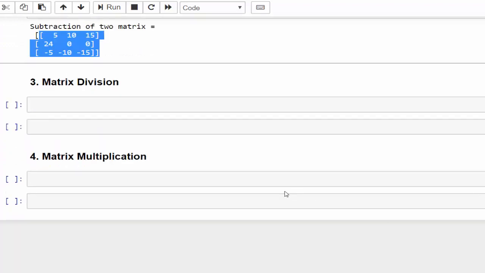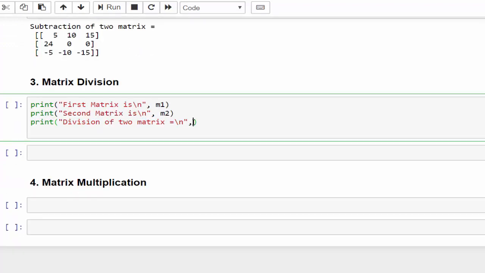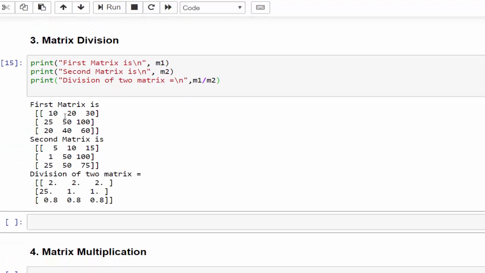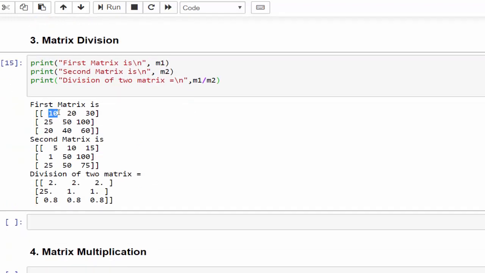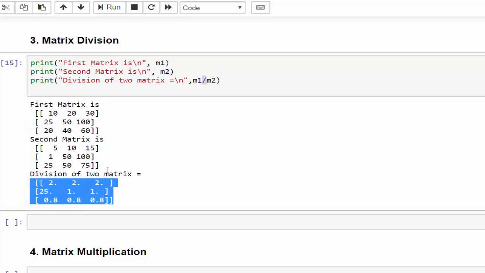Then matrix division, same as the above example, m1 divided by m2. When you execute, element wise division will be carried out. 10 by 5, it is 2. Whenever you come across division, the output will mostly be float type, that is with a decimal point.